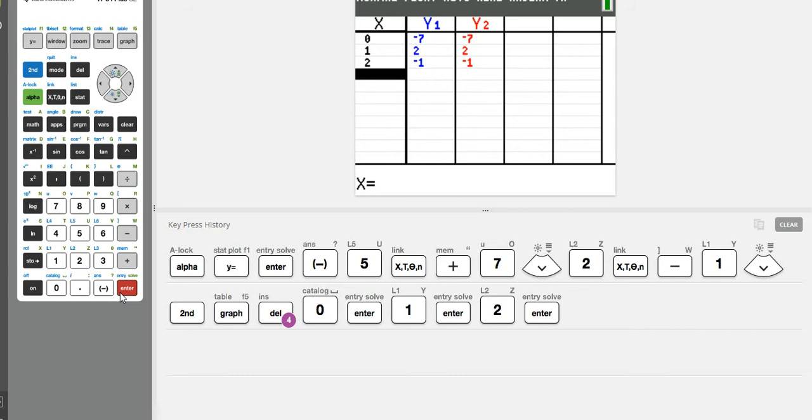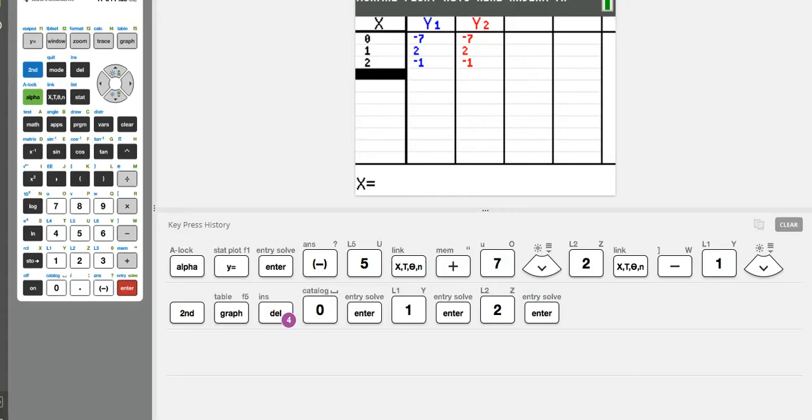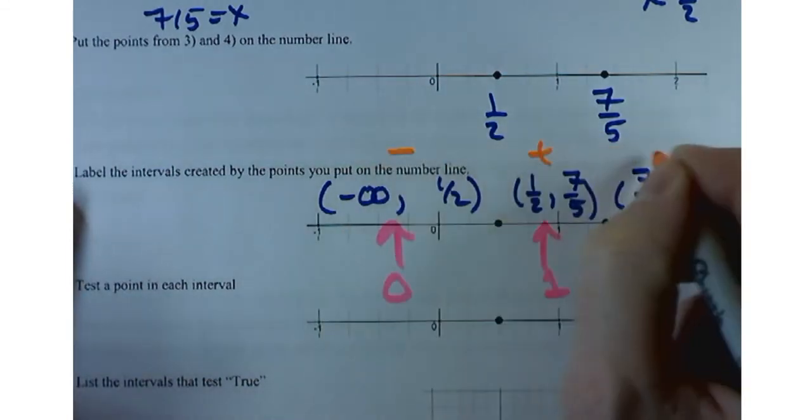Sometimes people inadvertently choose points in the same interval, and that'll make a difference as to how things test out. So we had negative, positive, negative.